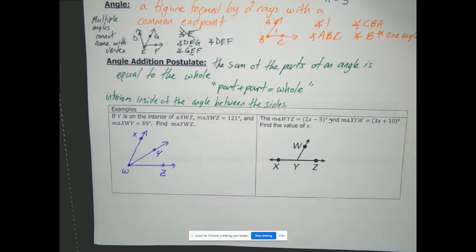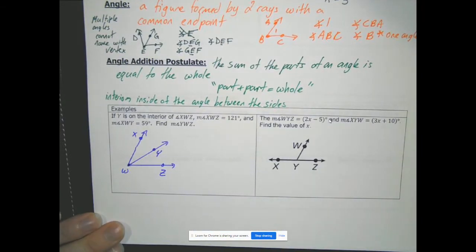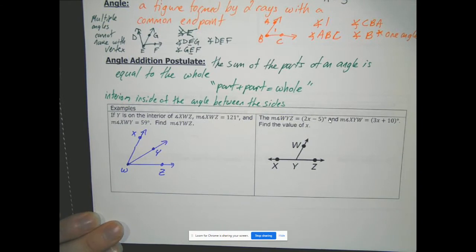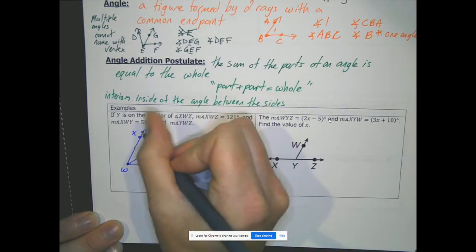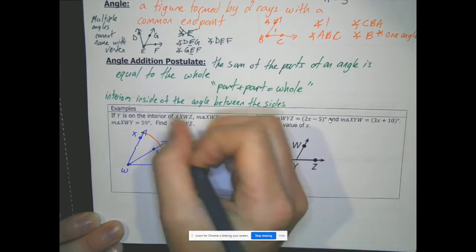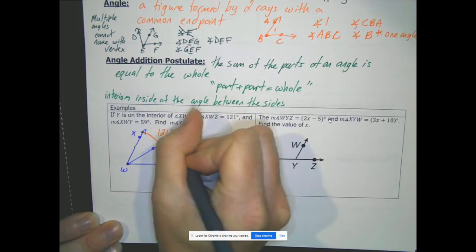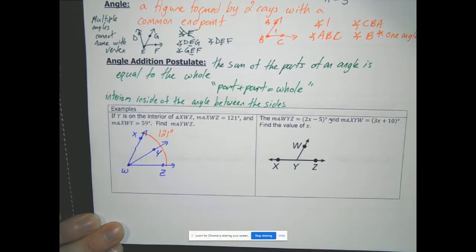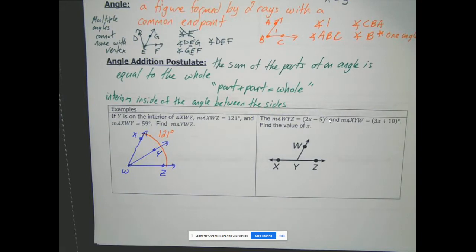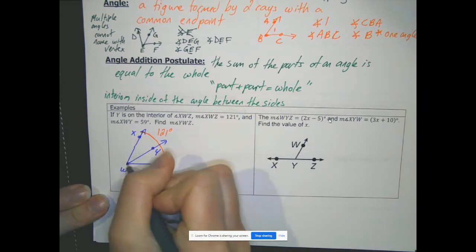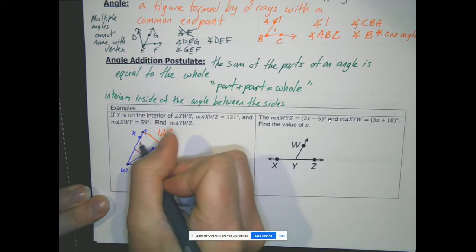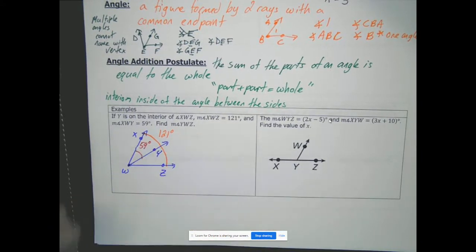So there we go. It says the measure of XWZ, so this whole angle right here, the measure is 121 degrees. It also says that the measure of XWY, this angle, is 59 degrees.